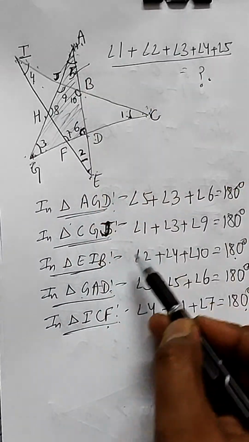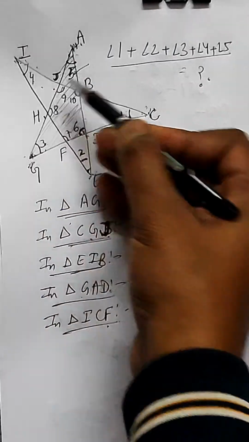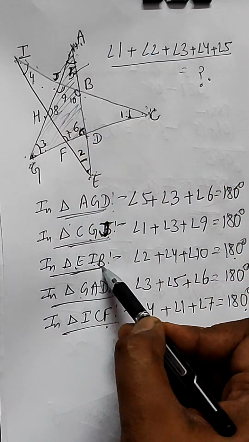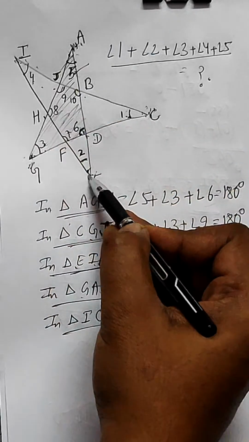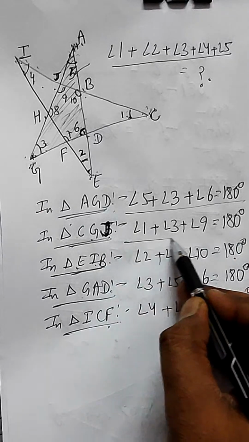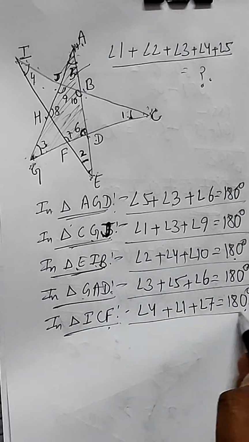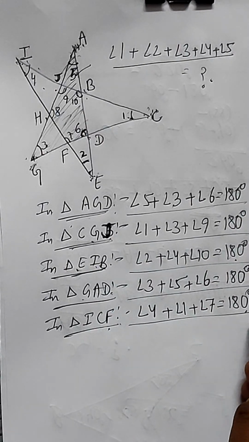Similarly CGJ, triangle EIB. You can see the sum of all these angles is 180 degrees, because the sum of all the angles of a triangle is always equal to 180 degrees, right?